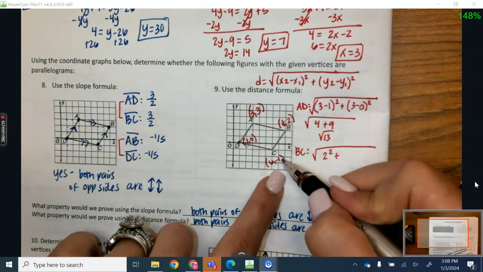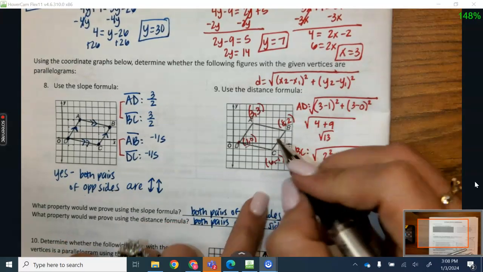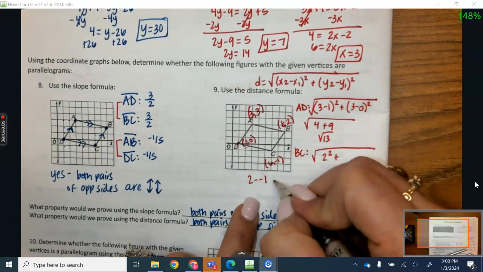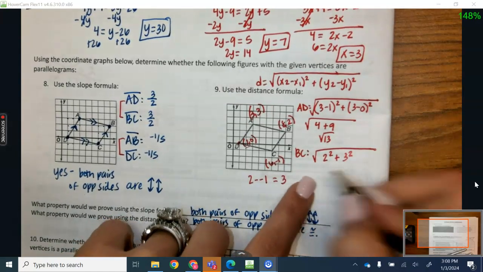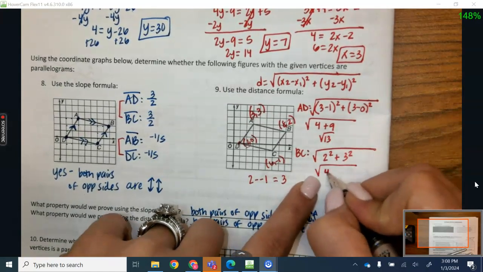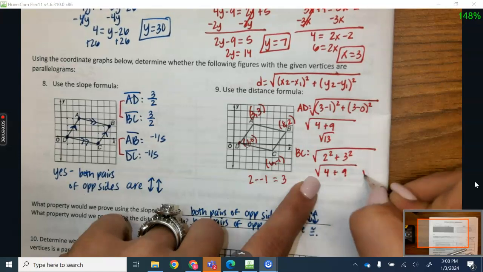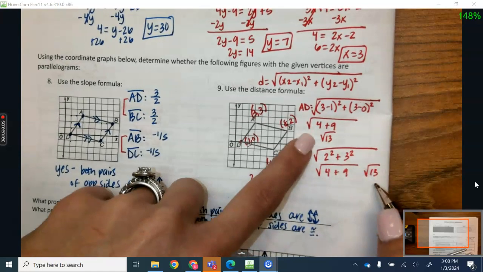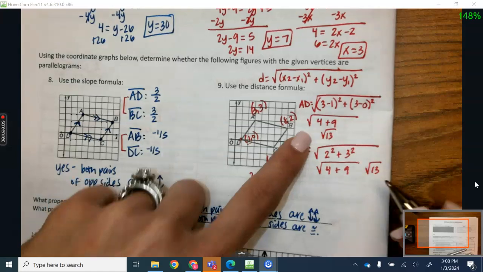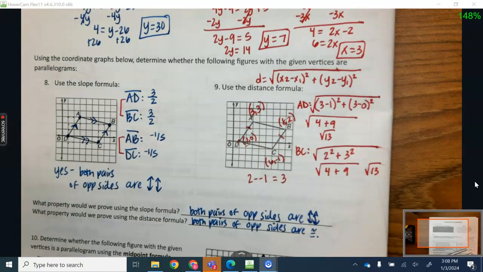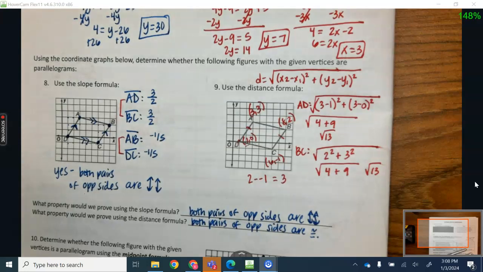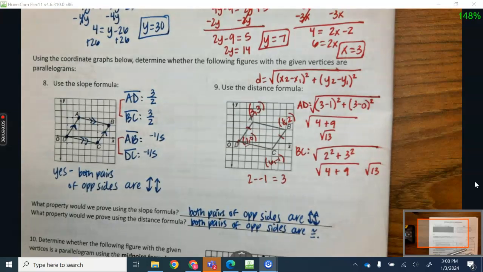So 2 minus negative 1. Remember, 2 minus negative 1 becomes 2 plus 1, or 3 squared. So 2 squared is 4, 3 squared is 9. I get the square root of 13. So these are congruent because they both come out to be the same thing, the square root of 13. Then I would do the same thing for AB and DC.